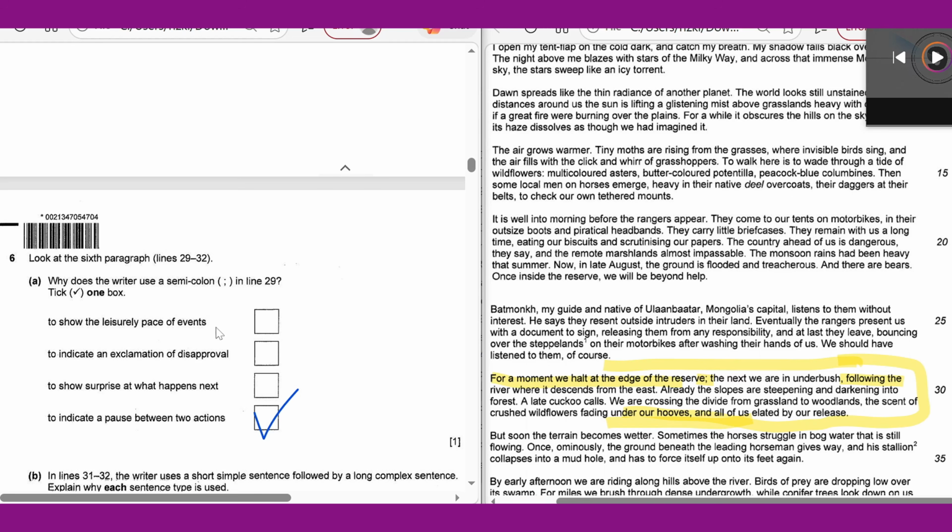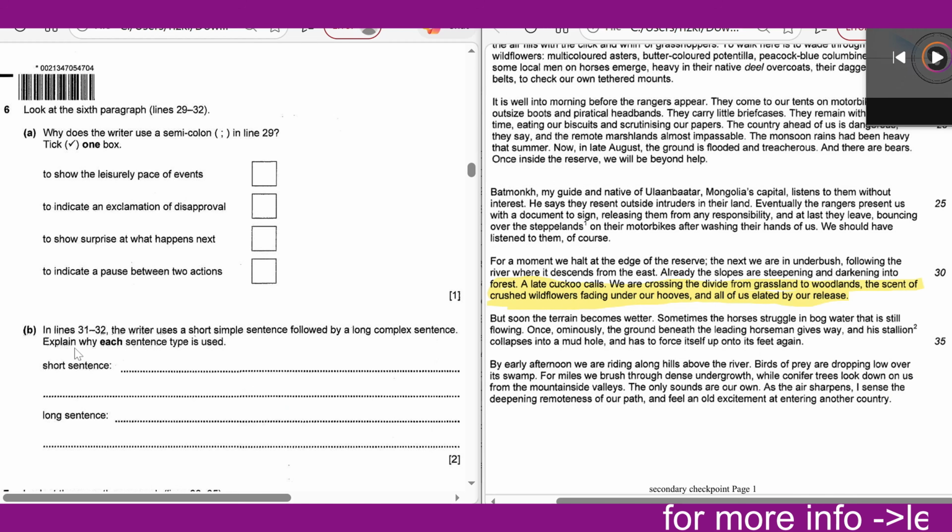Well, we do not choose to show the leisurely pace of events, as leisurely means action done in a slow-paced manner, so it doesn't seem to be correct in this case. But to indicate a pause between two actions: for a moment we halt at the edge of the reserve, and next we are in underbush, so there's a pause in between these two actions.